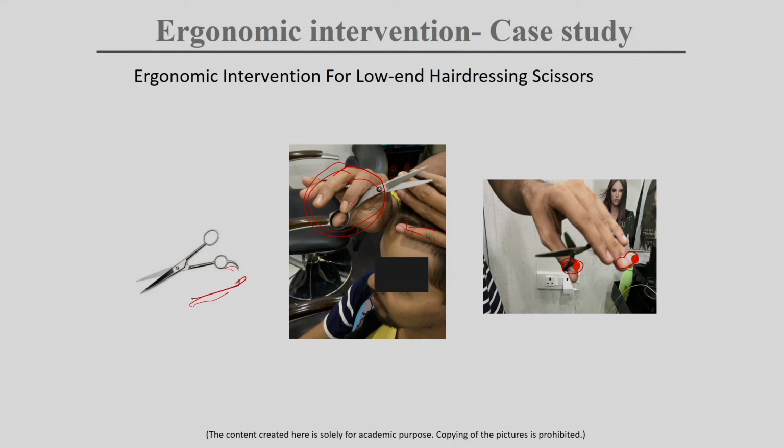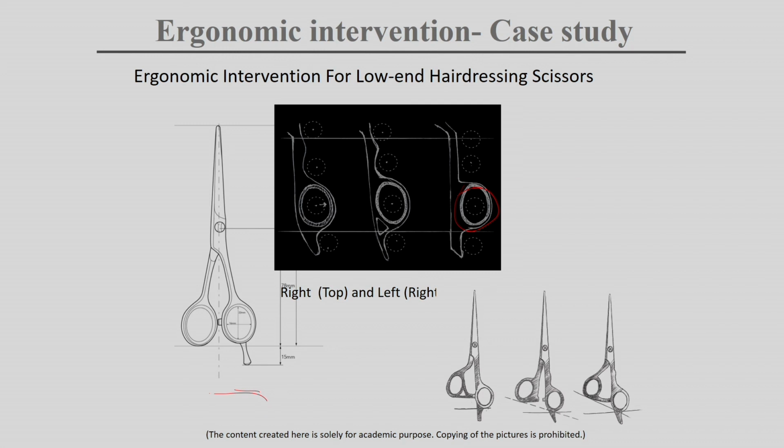The person is resting her finger in this part, but there is nothing there, so that edge hurts, and for longer use they are controlling their hand, which is difficult to manipulate. So something can be there so that the person can rest their hand. Also, to correct the posture, we have done some modification in the left eye of the scissor.